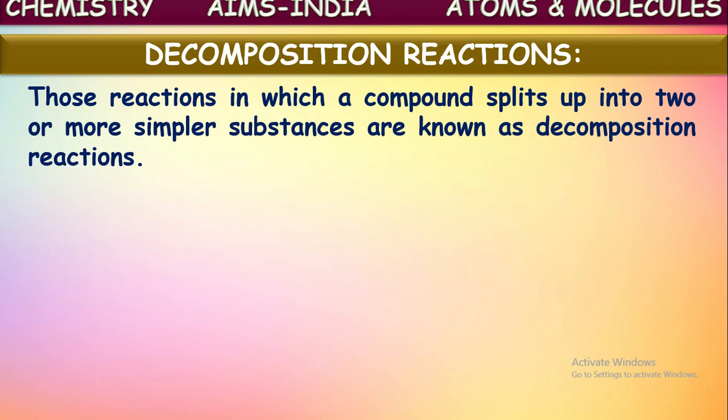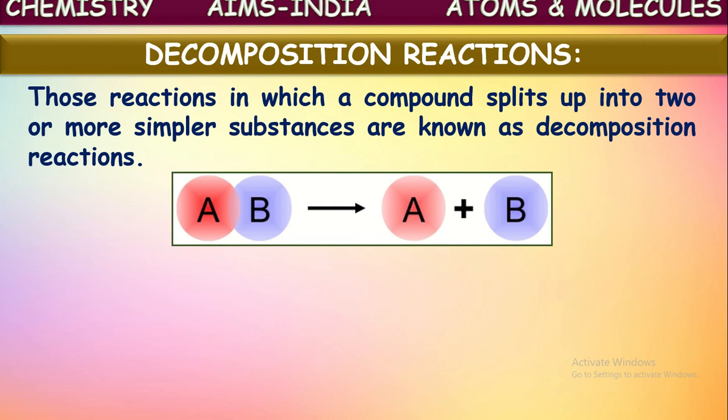That is called combination reaction. But reverse to that, a single substance splits into two or more simpler substances, which is called chemical decomposition reaction. If you see here, a compound AB is taken. After the reaction, it is splitting into two separate substances A and B.